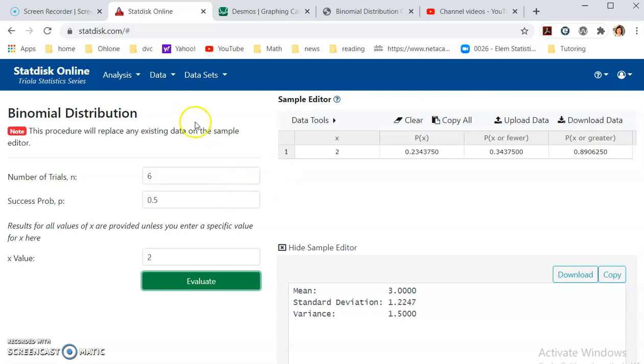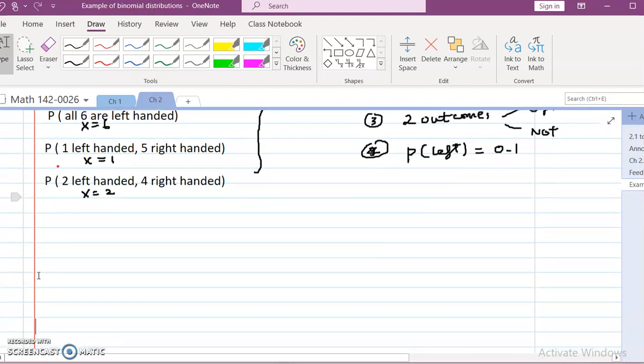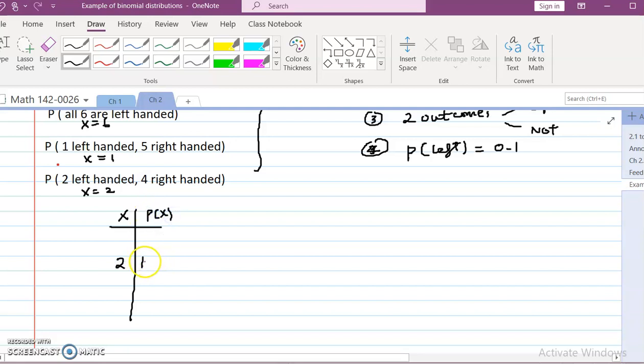So in a nutshell, the binomial calculator from StatDisk actually gives you a table. If I switch to a blank page, they don't give you all the P of x. When you say x equal to 2, they give you P of x here. This number is P of 2, 0.22 something.